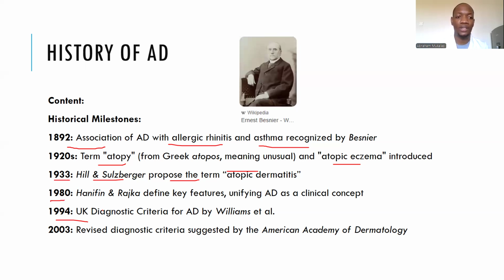In our setting, we usually use the Hanifin and Rajka, but it also exists. And in 2003, the American Academy of Dermatology revised the diagnostic criteria and proposed a more simplified criteria for diagnosis of atopic dermatitis.